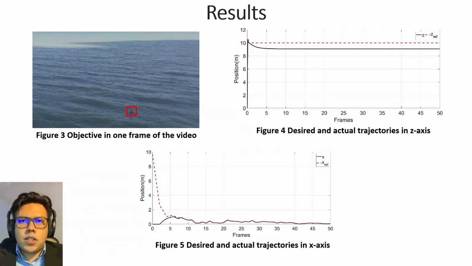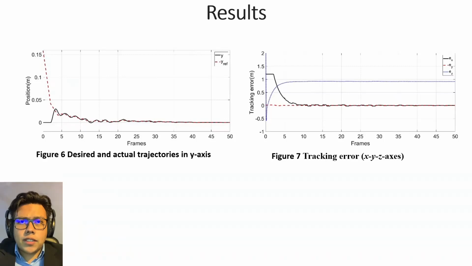It can be seen there was a small error. In Figure 5, the intersection of the UAV position and the object position on the x-axis can be seen. Figure 6 is the same, but now for the y-axis. Meanwhile, in Figure 7, the error for the 3 axes is shown.